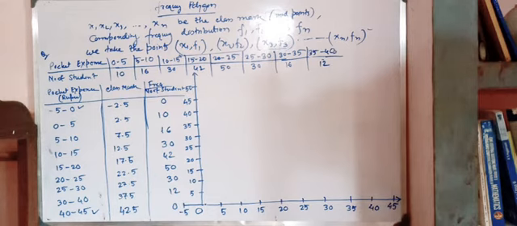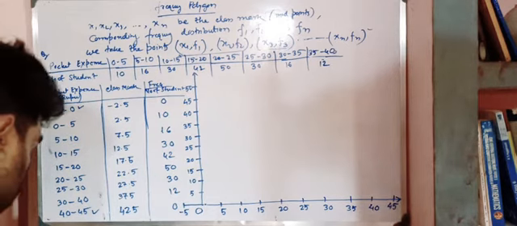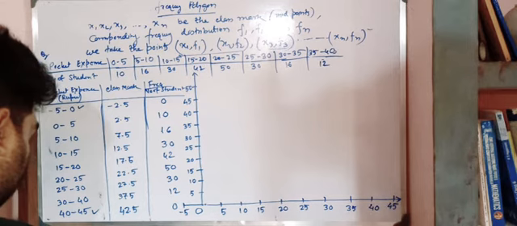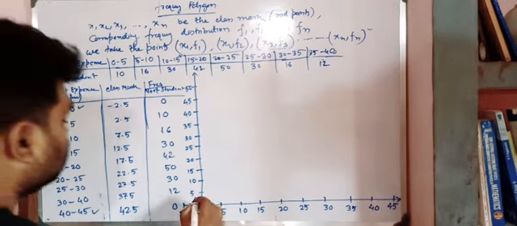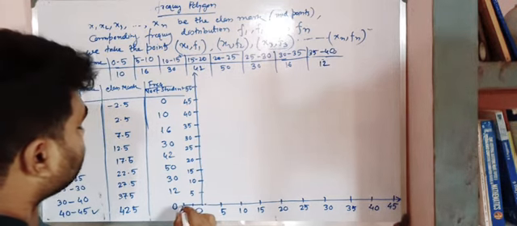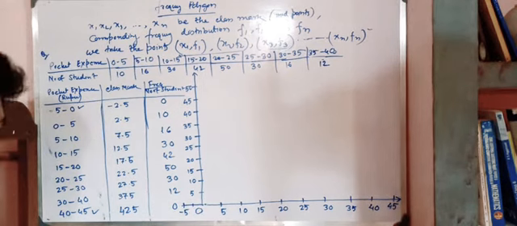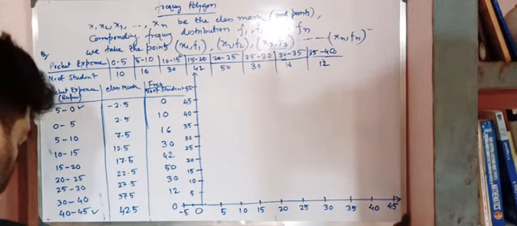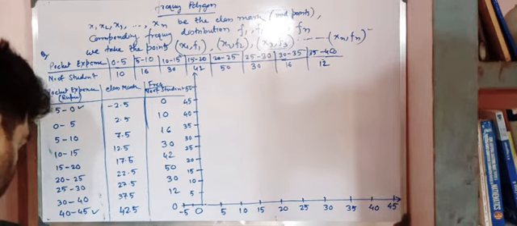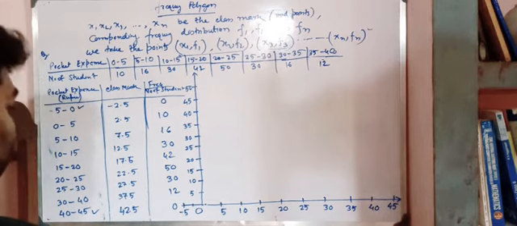So next we are taking the class mark, -2.5. So this will be -2.5, in the middle of -5 and 0. Next, 2.5, 10.